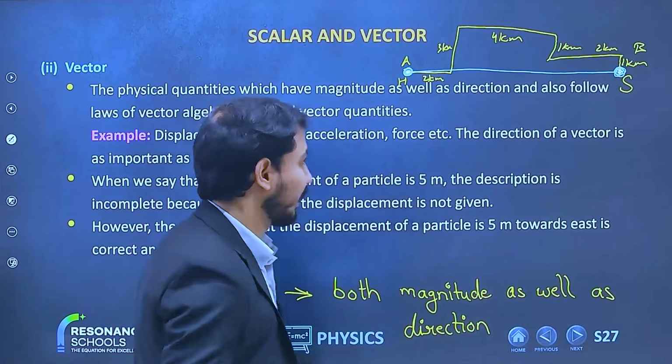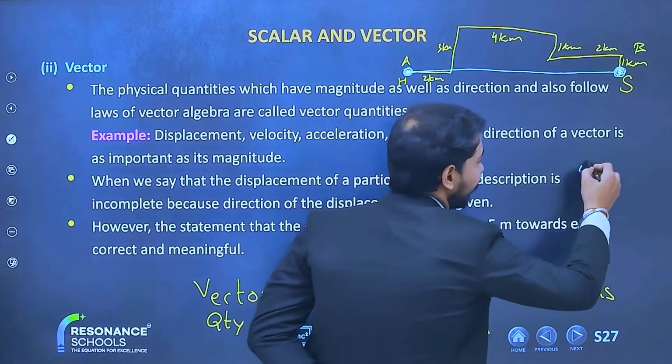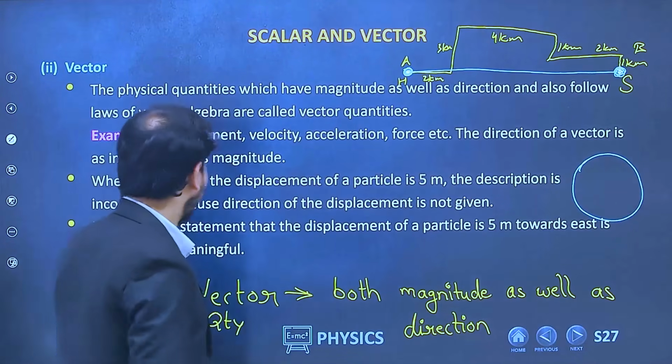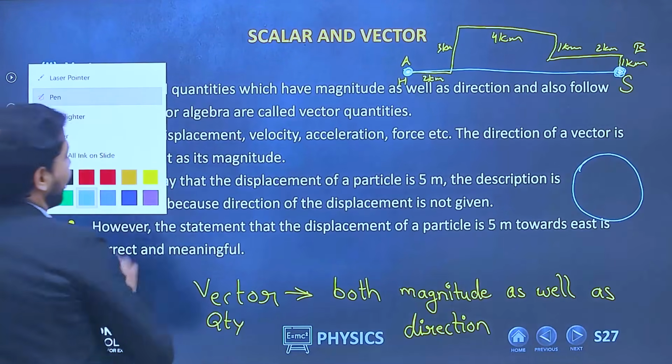Clear? Another example. Suppose someone is running on a circular track.